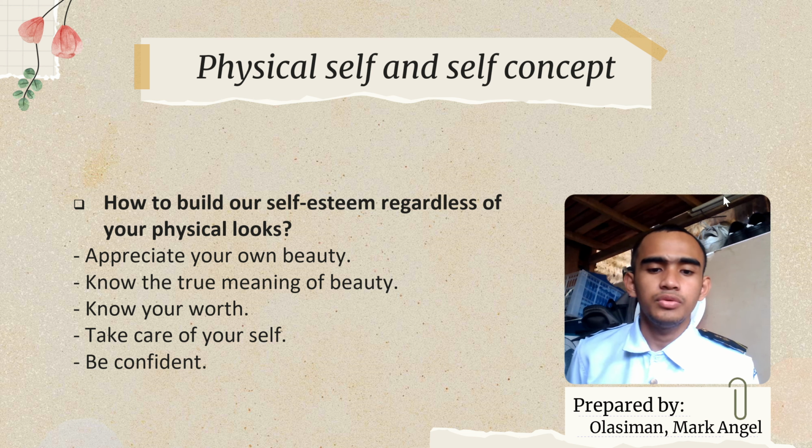So no matter what the standard of beauty is or what other people say, you should always be proud of what you look like, because everyone has their own unique beauty. You should always have a positive body image and healthy self-esteem.